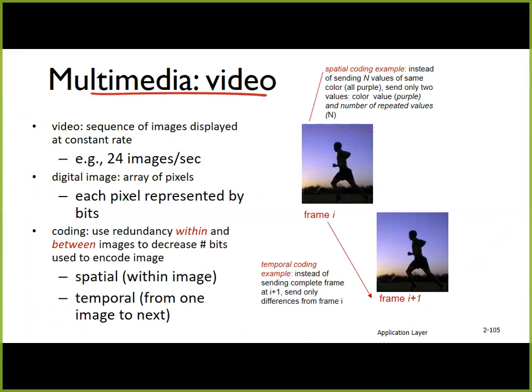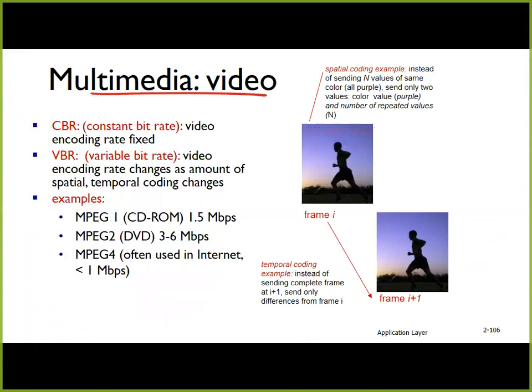Now, when we're doing multimedia video, we can have either constant bit rate or variable bit rate. Constant bit rate, your video encoding rate is fixed and you just send out pictures. Like the example we worked out here, where we're sending out these pictures, and we need 1024 by 768, and so many bytes in an image and so on.